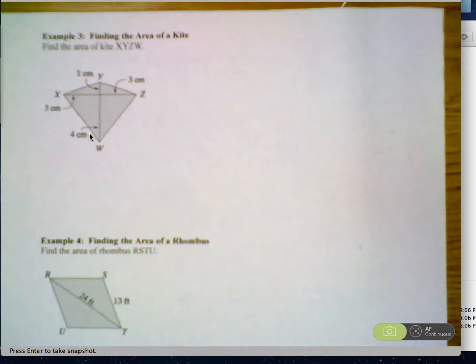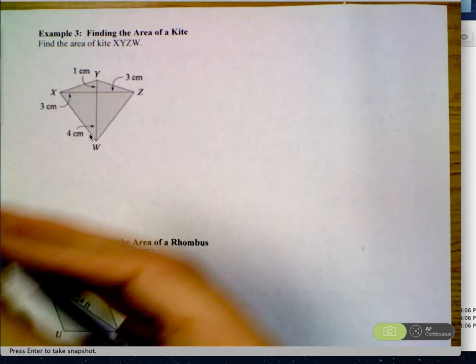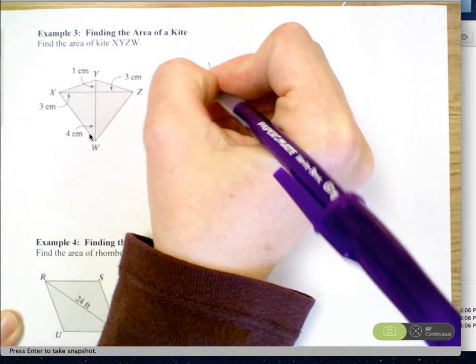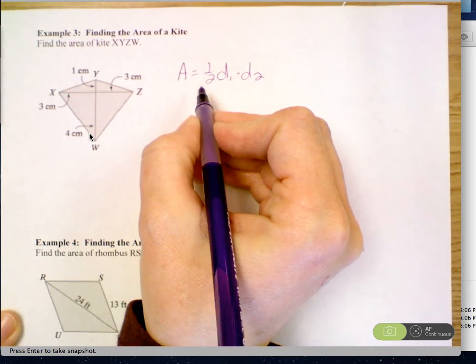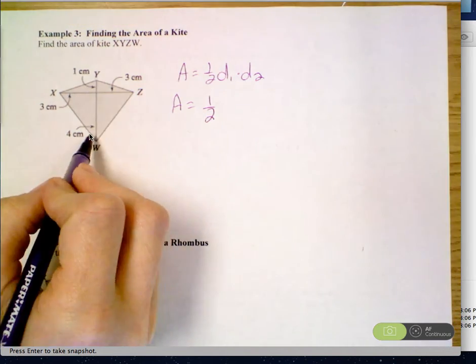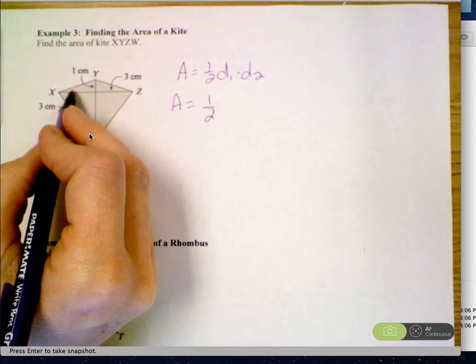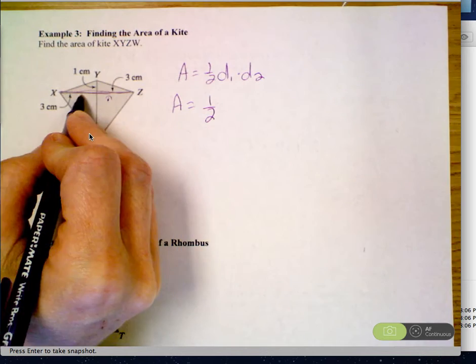We're going to find the area of this kite. For a kite, the area is 1/2 times diagonal 1 times diagonal 2. So we have to find the lengths of each diagonal. That's the trick on these. We have 1/2. Our first diagonal is kind of given to us. This diagonal is 6 because each one of these little parts is 3.